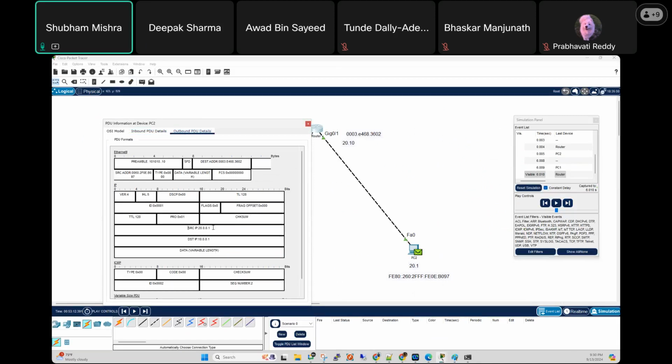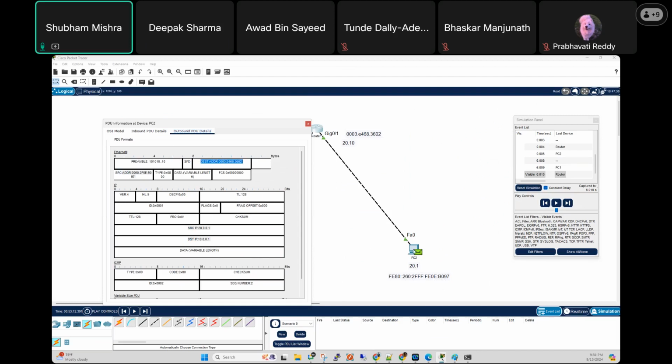In the ICMP reply, what is the source IP address? 20.1. What is the destination? 10.1. What is the source MAC? The source means PC number 2 MAC address, that is B907. Everyone see now? B907. And what is the destination? The destination will always be the default gateway MAC address.